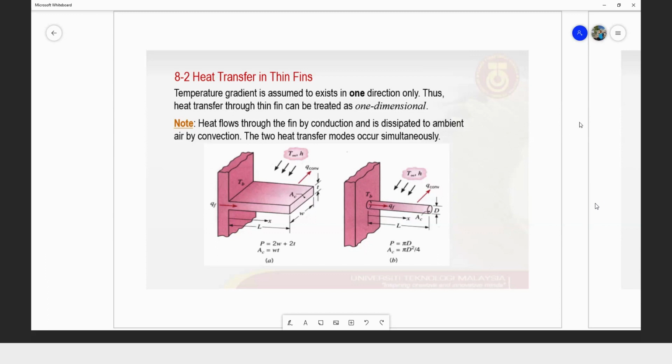Alright, actually in this topic we are still looking at heat transfer, heat dissipation across the component, which in this case is the fin itself.